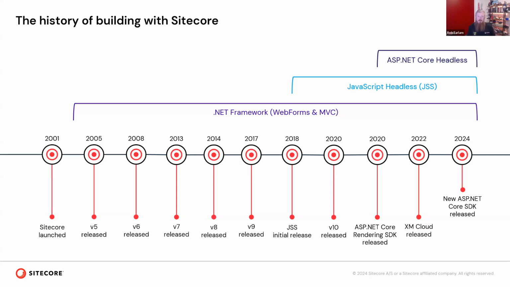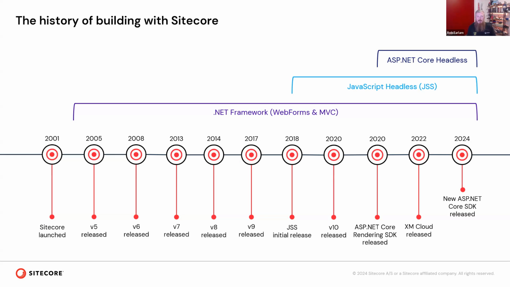Moving forward to 2020, this is when we launched the original ASP.NET Core rendering SDK. And this basically allowed you to follow that same headless delivery model, but now building with .NET. So building with ASP.NET Core as it was released back then. If you look at this timeline as a whole, though, really that period from 2018 onwards is a little bit of an outlier.